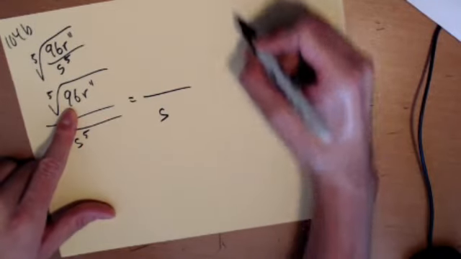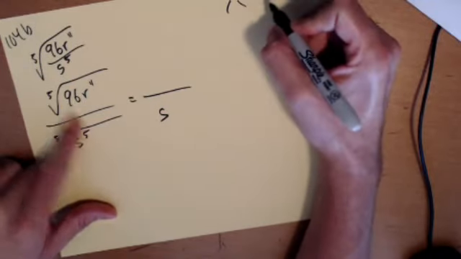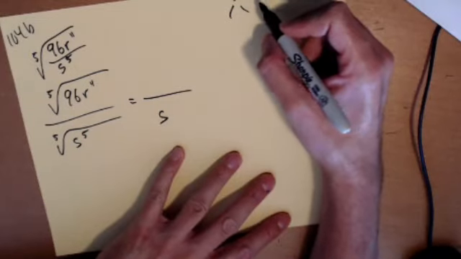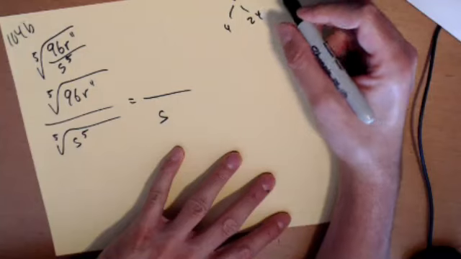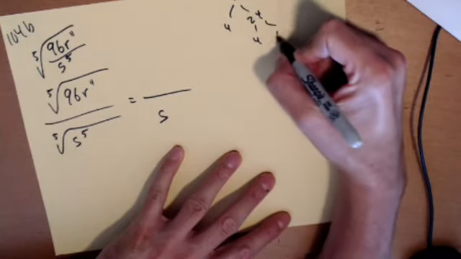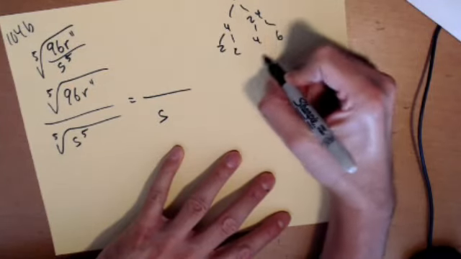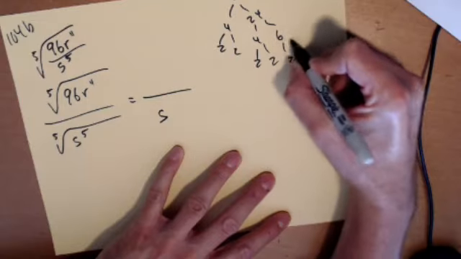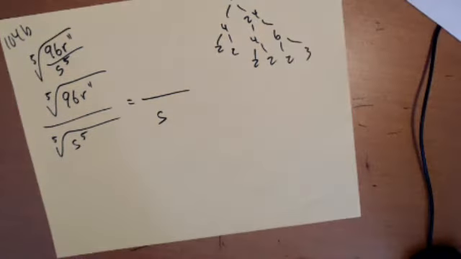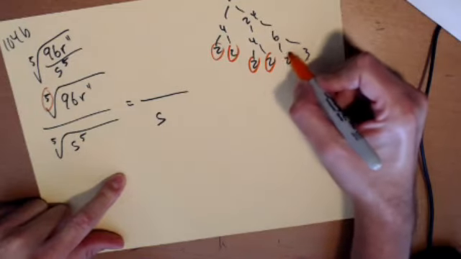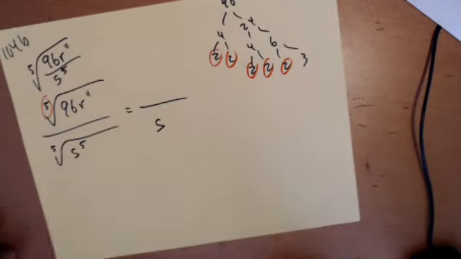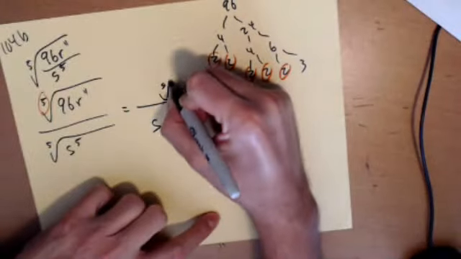Now this one, 96, let's break it apart. What do we say, 4 and 24. 4, 6, oh, that's 2, 2, 2, 2, 2, 3. It's a 5th root, so 1, 2, 3, 4, 5 of them. So that means we have this 5th root.